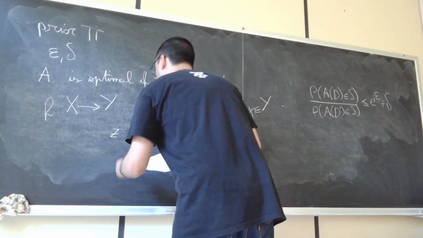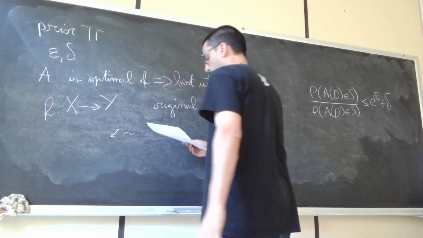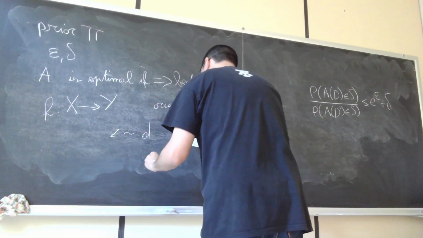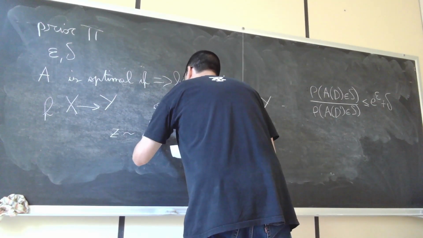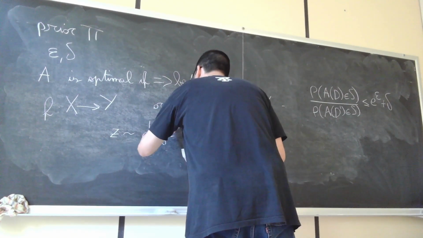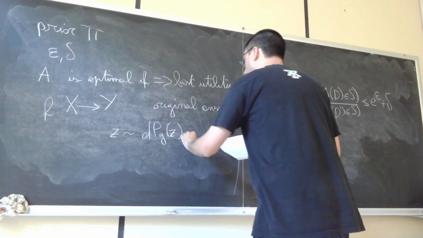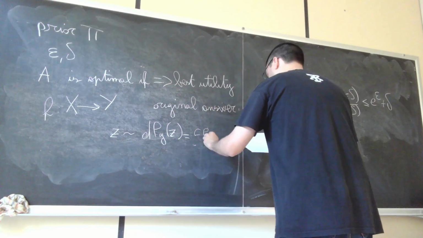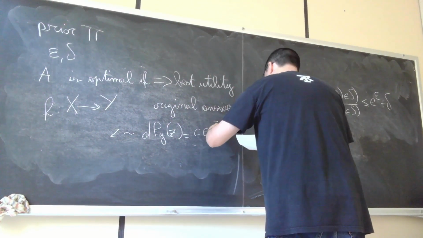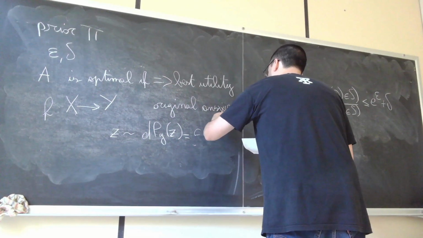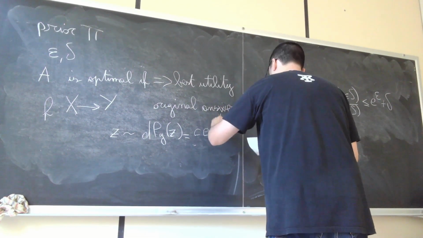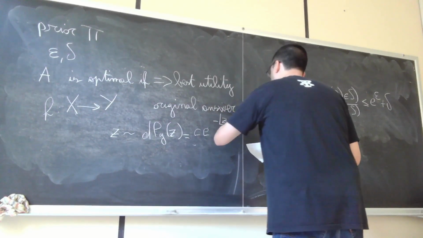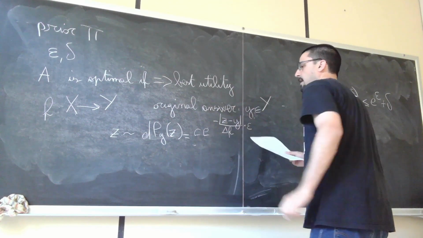In particular, Z will be distributed according to this probability density function: the density of Z, given Y, will be equal to C times e to the power of minus |Z minus Y| divided by delta F times epsilon.